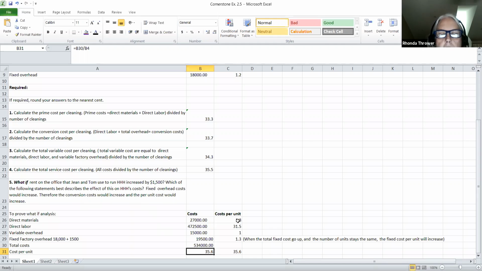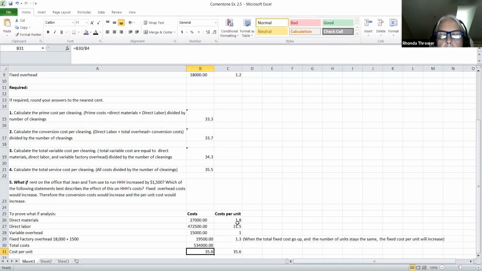On this side, I've calculated the per unit cost of each one of the materials, labor, and the overhead costs separately. Also out to the side, I've given you a little note here that says when the total fixed costs go up and the number of units stay the same, or the number of cleanings in this case stays the same, the fixed cost per unit will increase.